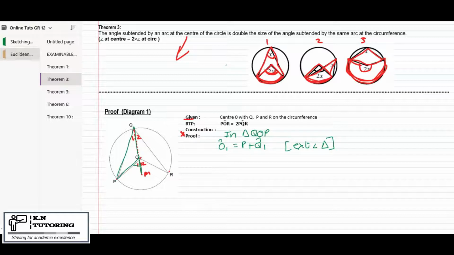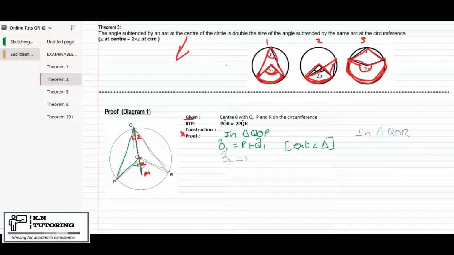Similarly, in the other triangle, QOR, we can see that O2 is equal to the exterior angle, which is equal to the sum of the opposite interior angles.